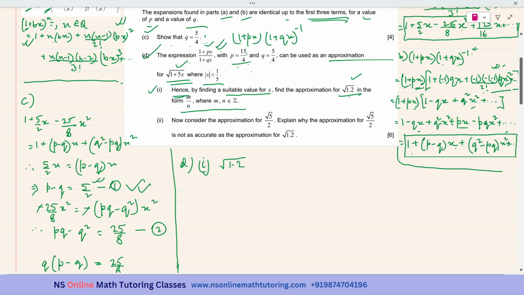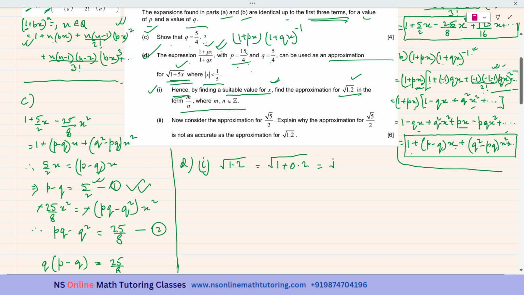In order to write the square root of 1.2 in this form, 1 plus 5 times something, the 5 should be staying and the x value should be determined. So this is equal to the square root of 1 plus, I can write this as 1 plus 0.2. Okay, 1.2 is 1 plus 0.2.